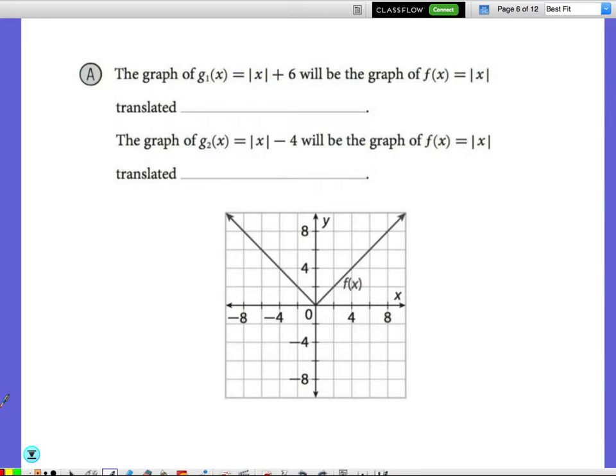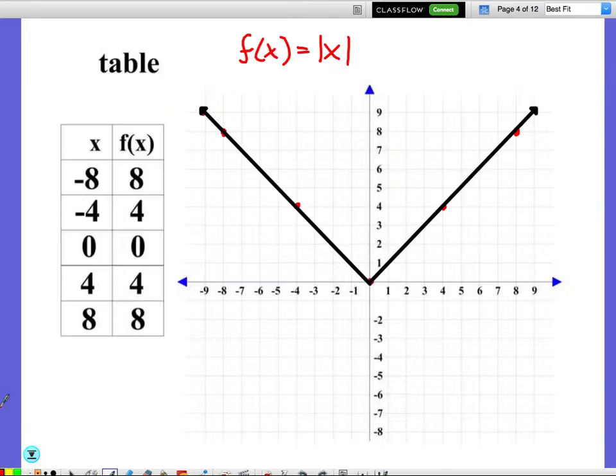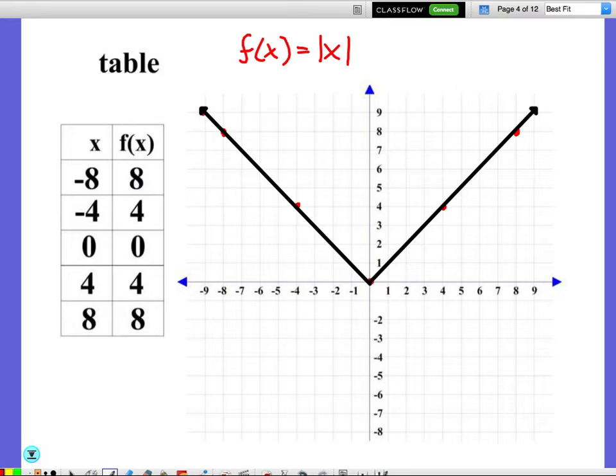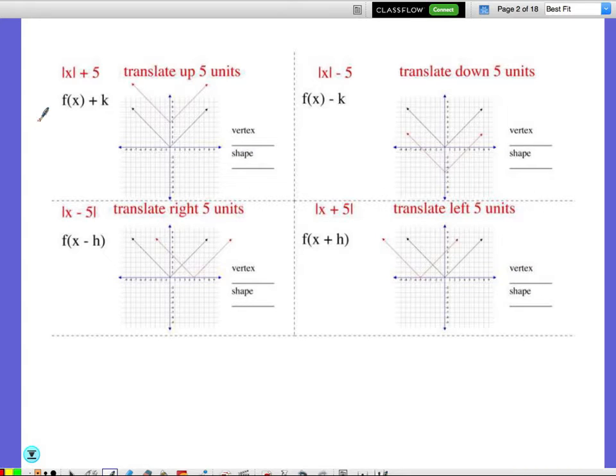Okay, so what we want to do is look at the different transformations of the absolute value function. And what we worked on was a worksheet that contained this information.